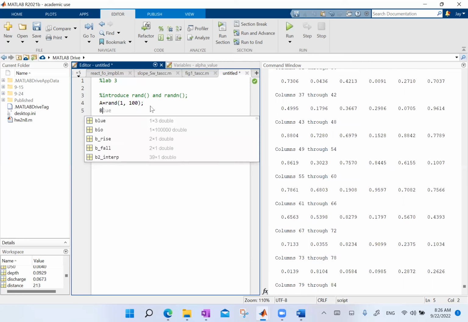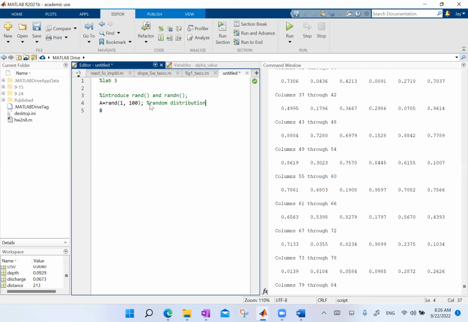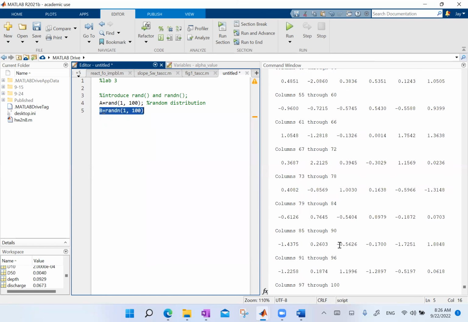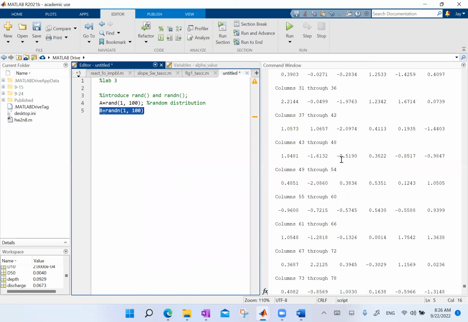And if I say B equals randn of 1, 100, this is a normal distribution with 1 row, 100 columns. So again, that's going to give me 100 elements. I'm going to evaluate this. Now you can see with the normal distribution, some values are positive, some are negative, some are more than 1, less than -1, less than -2, or close to 0.